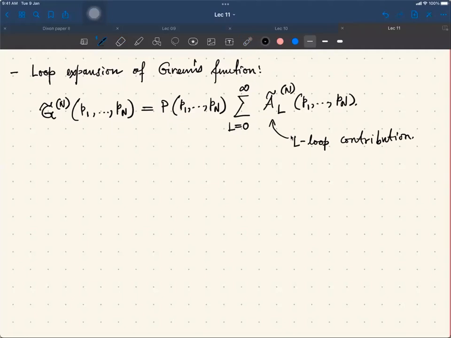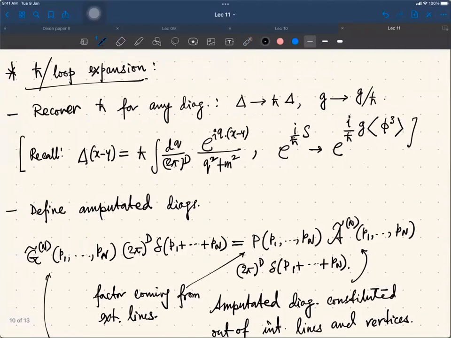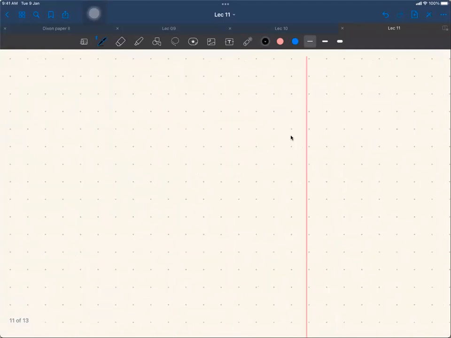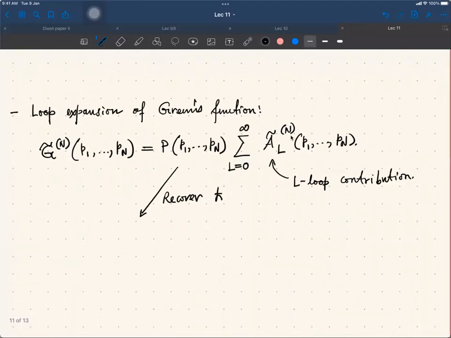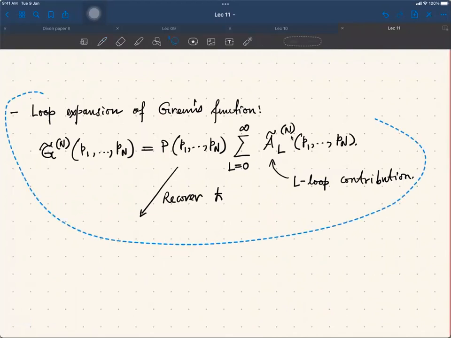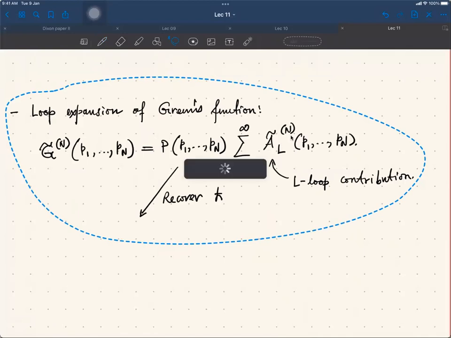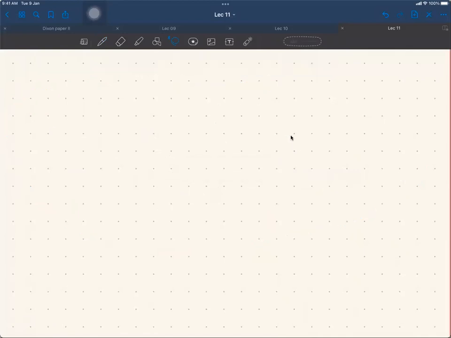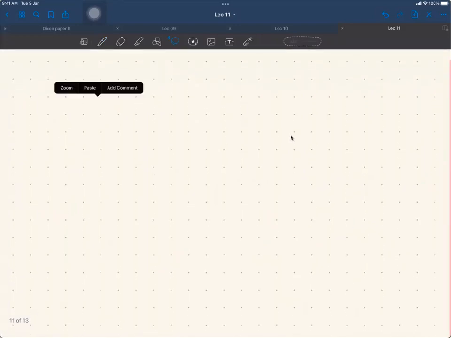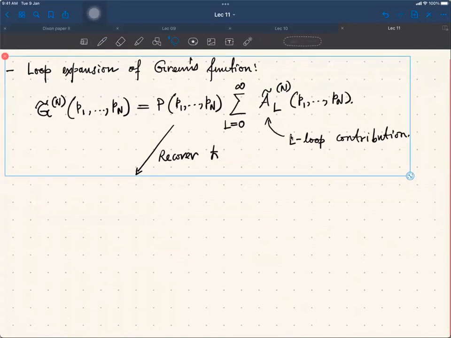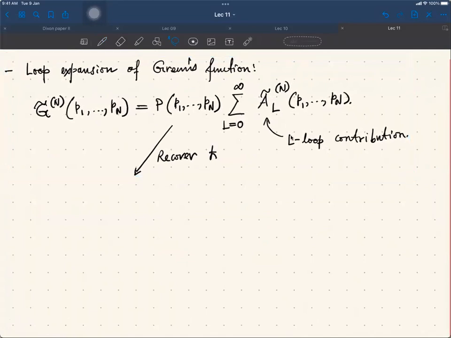Now, if you recover h bar on this expression, then since the propagator will be multiplied by a factor of h bar, so this factor of capital P, which has n propagators, should have h bar to the power n.